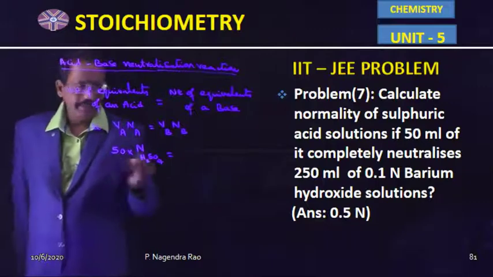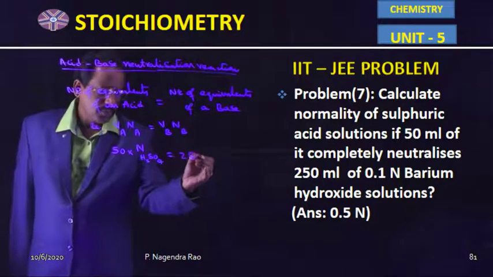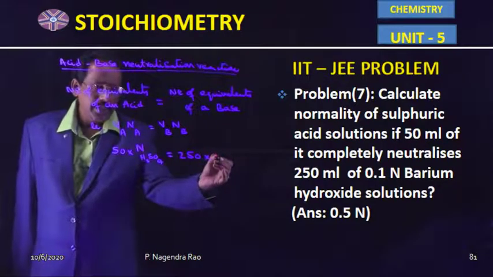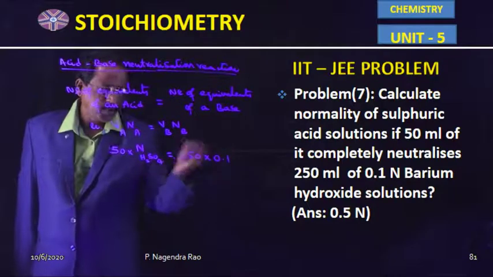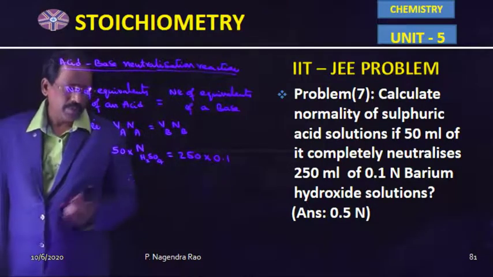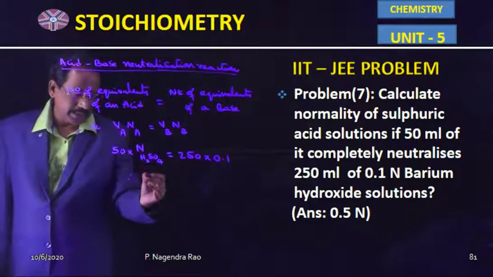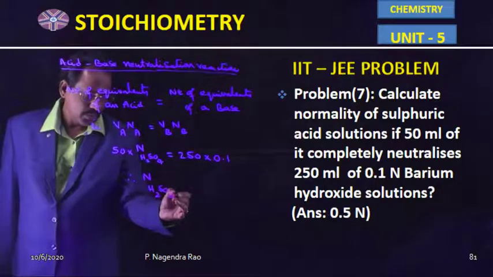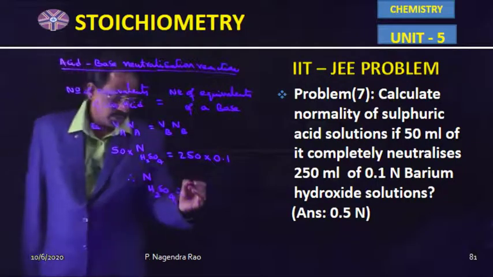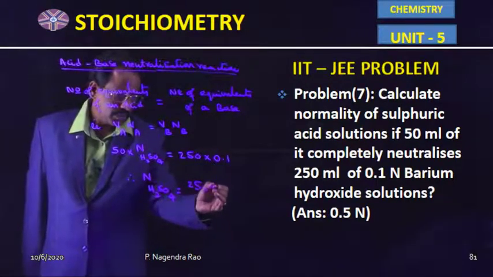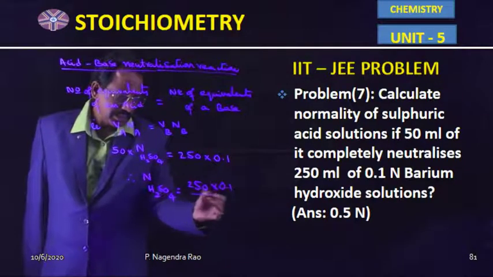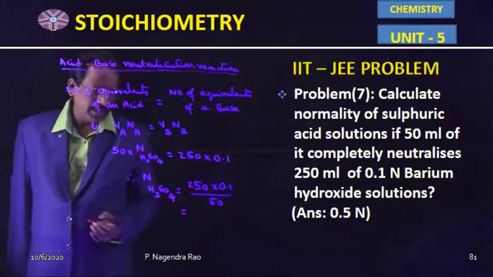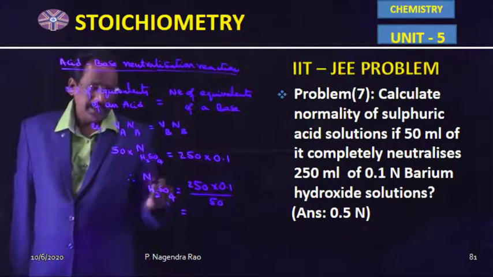Volume of barium hydroxide solution is 250 into normality of barium hydroxide solution is 0.1. Therefore, according to rule of normality, the normality of sulfuric acid solution is equal to 250 into 0.1 divided by 50.